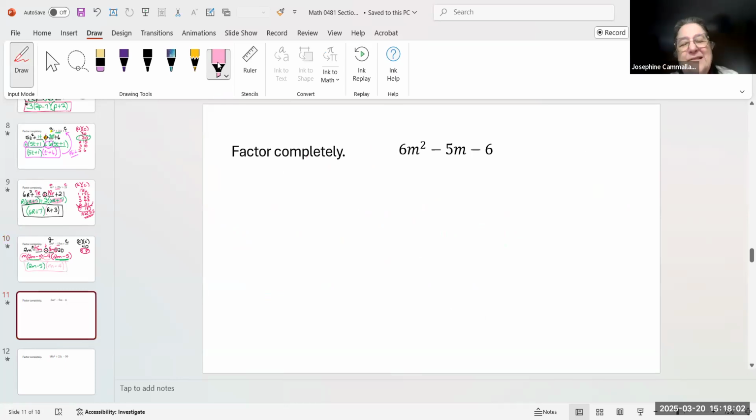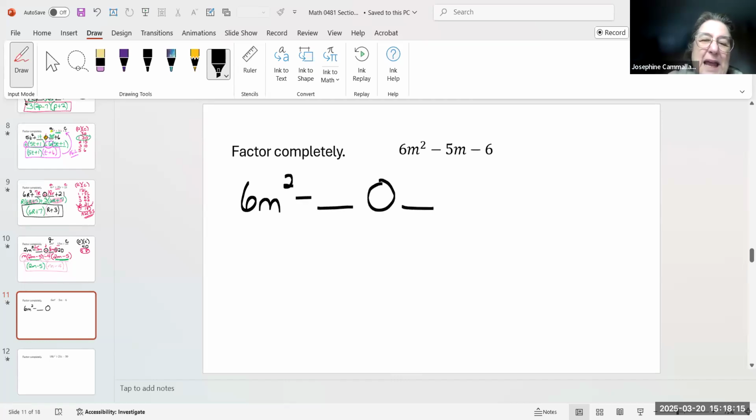Okay. Now this is a little interesting because we have 6n squared minus blank, circle blank, minus 6.